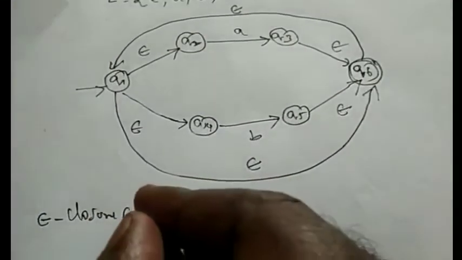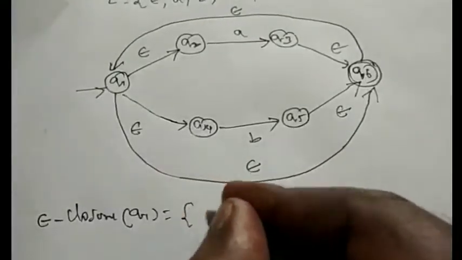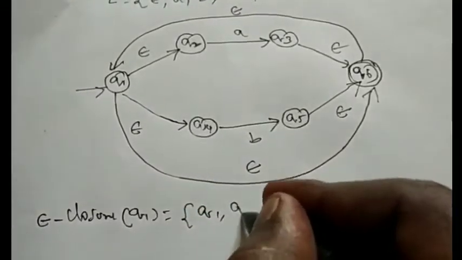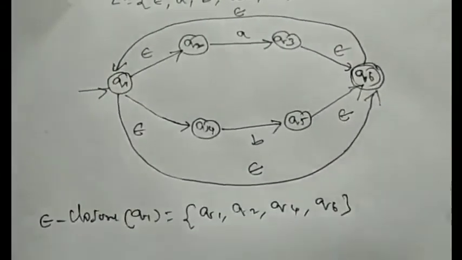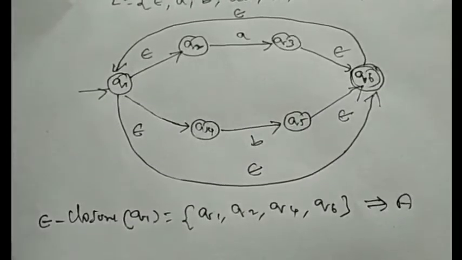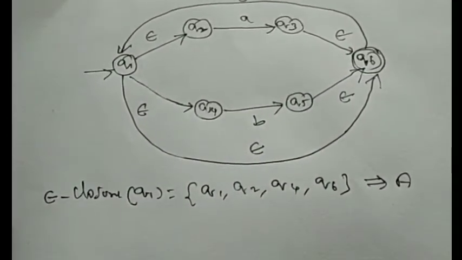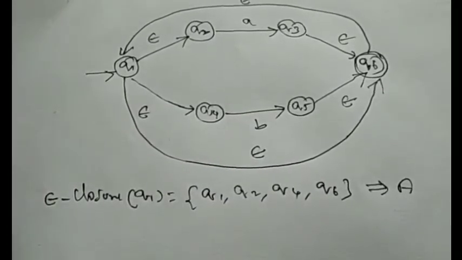Find the initial state. The initial state is Q1. So epsilon closure of Q1 is Q1, Q2, Q4 and Q6. So just name this set as A. Okay, so now I have made a new state called A here.